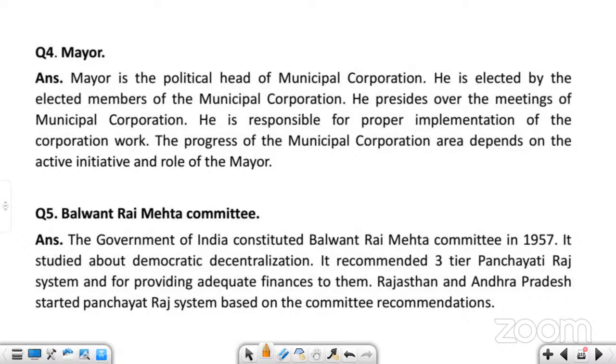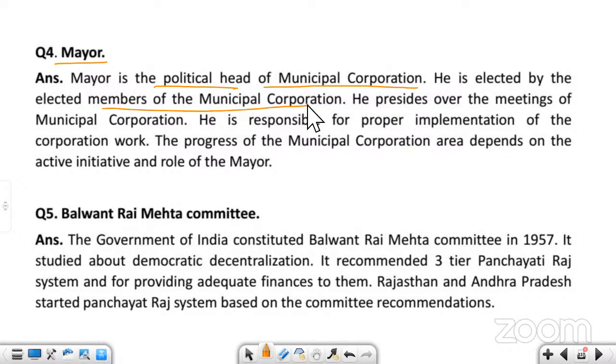Let us now see the urban political heads. So first is mayor. Who is the mayor? Mayor is the political head of municipal corporation. Urban cities, big cities will have municipal corporation, and the head of the municipal corporation is mayor. And how is he elected? He is elected by the members of the municipal corporation.